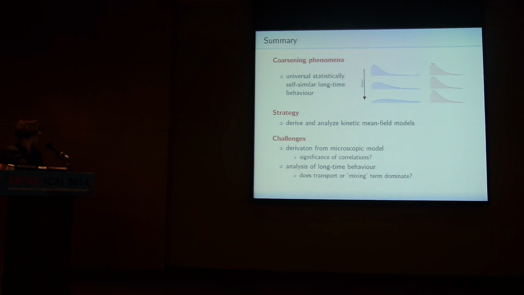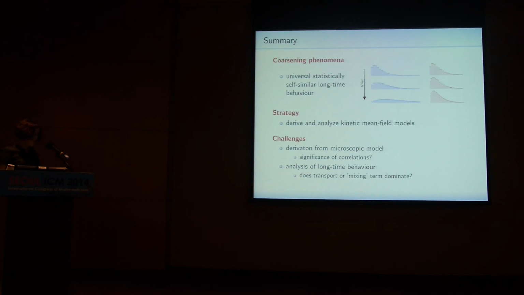The strategy was to derive and analyze kinetic mean field type models. The main challenges here are, first, you need to derive a model from some, what I call, microscopic model. And one of the key questions, in particular in grain growth, but it is still not understood, is how significant do correlations develop over time or not? We are currently working on this on some simpler 1D model, but this is still not well understood at all at the moment.